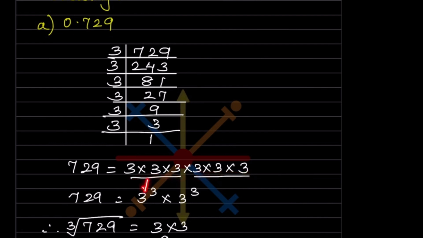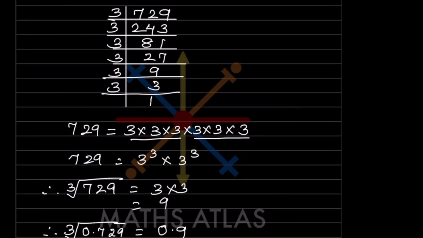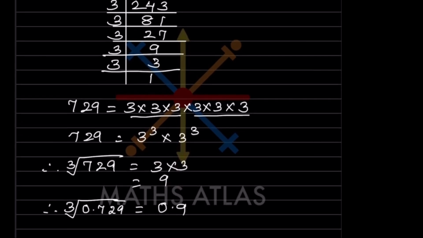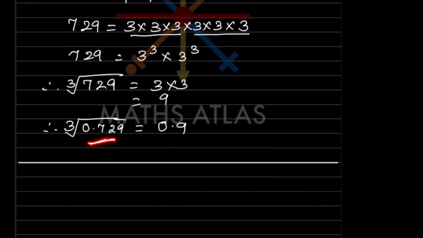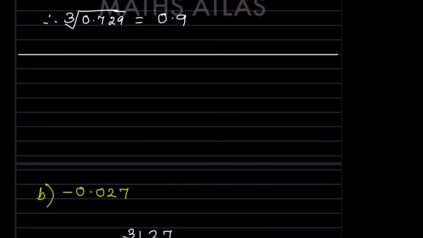So this is going to be 3 cube into 3 cube. So therefore, the cube root of 729, you are just going to take the base of it, that is going to be 9. So you can write here, but we don't want 729, we want the answer for 0.729. So the cube root of 0.729 is going to be 0.9. Hope this part is clear.